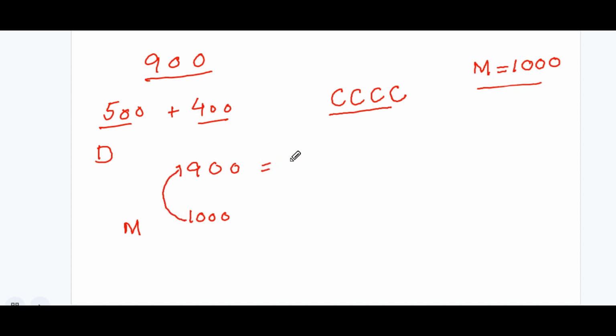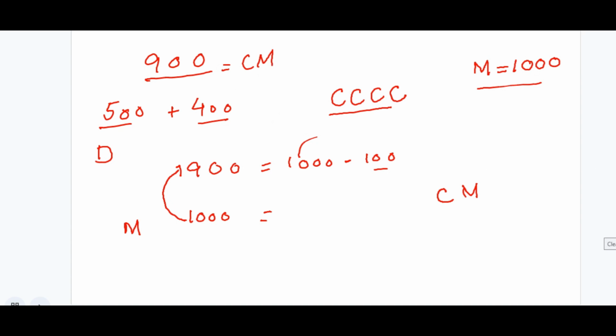How can you find that? 1000 minus 100 will give you 900. So how can I write it in Roman numeral? 1000 is equal to M and 100 is equal to C. So C will go at the back of M because we are taking it away. It means CM is equal to 900, right?